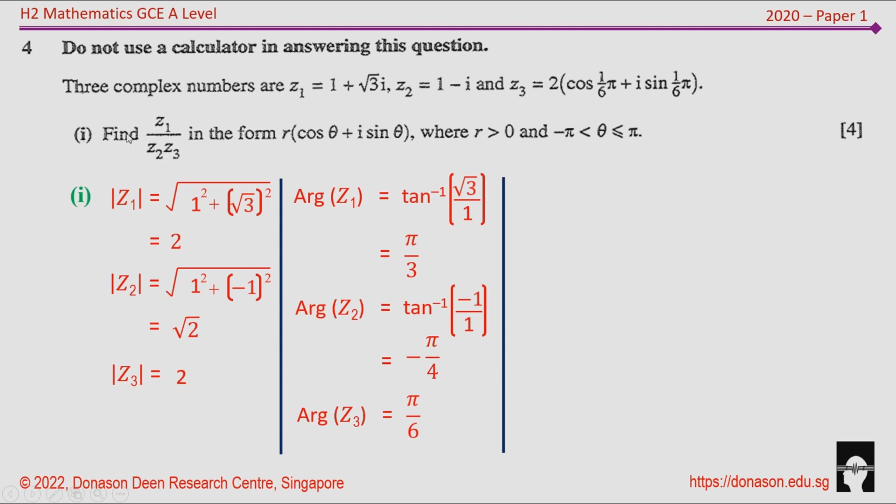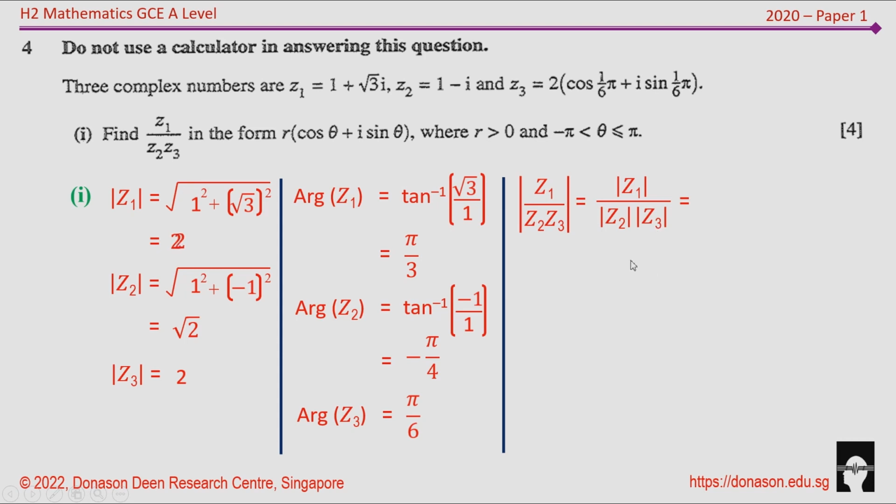Now we can simplify and find out the value of z1 over z2 dot z3, right? So what would be the magnitude of z1 over z2 and z3? Let's find the magnitude of this. We can use the individual magnitudes to calculate the magnitude of z1 over the magnitude of z2 times the magnitude of z3 on the denominator.